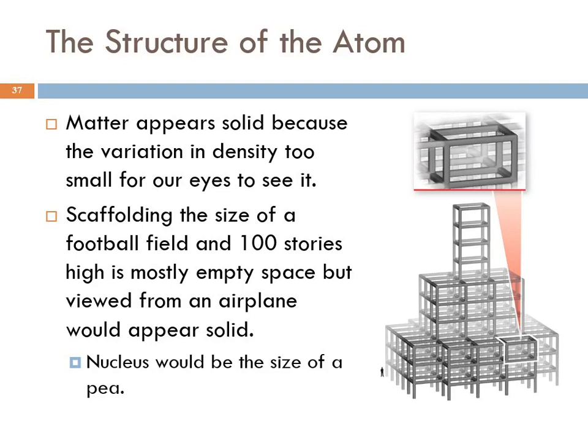So we've got almost all the mass in the size of a pea, and the rest of that volume, scaffolding the size of a football field, 100 stories tall, is a few electrons with negligible mass. So mostly empty space. Any questions? That should make your brain hurt a little bit. What? That's crazy. Yeah, it's really, really crazy.